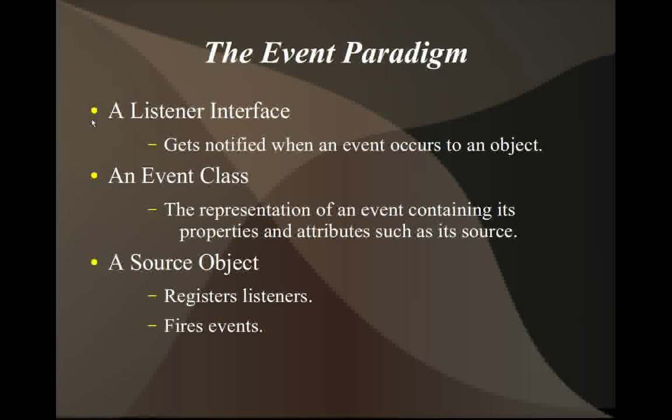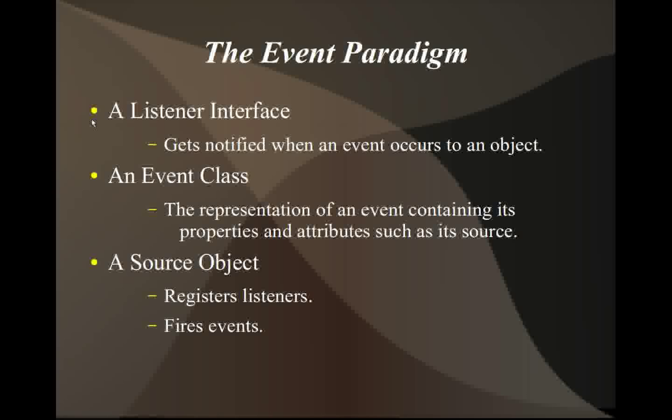So in this slide, for example, we see that to implement the event paradigm, we need three things. The first thing we need is a listener interface. This is the object that is informed of an event whenever it occurs. Whoever implements the listener interface will also implement whatever happens whenever the event is thrown.